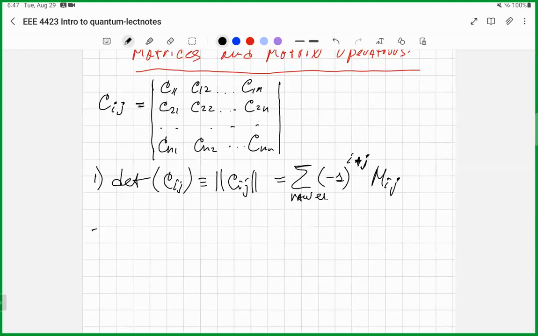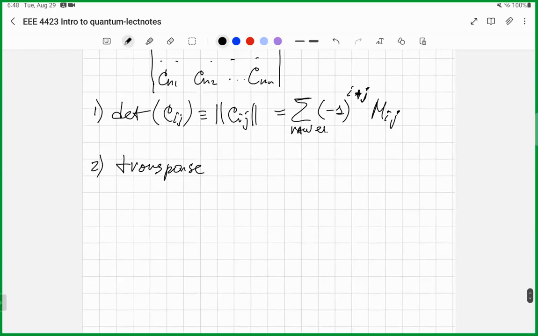So the next operation, which we also already mentioned, is transposition. Transpose, right? So how do we do transpose? We simply replace rows by columns and columns by rows. So for the matrix C_ij, i gives the rows, j stands for the columns.